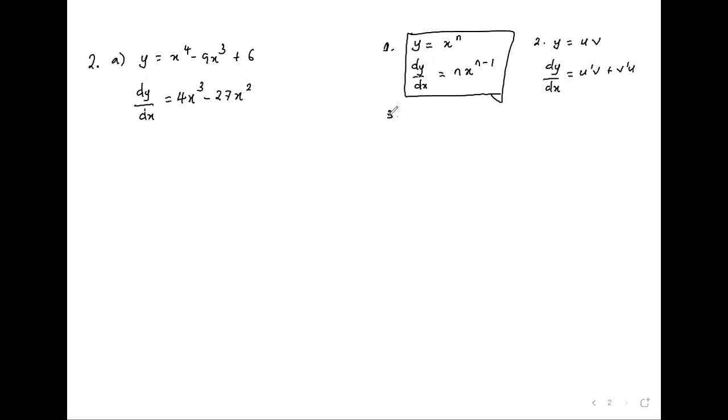This one is called the product rule. We also have what we call the quotient rule, the one that involves division. y is equal to u over v. So you get dy/dx is equal to u prime v minus v prime u over v squared.